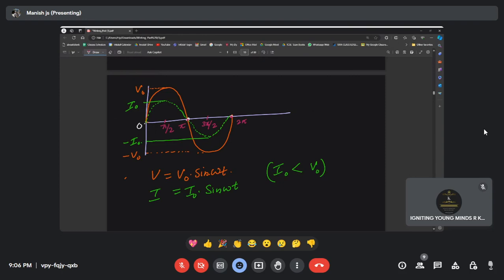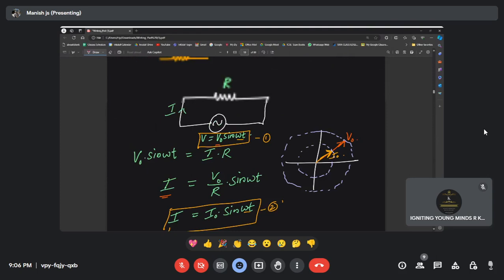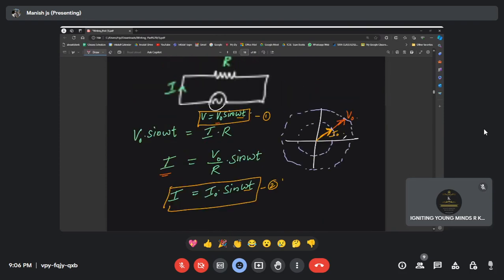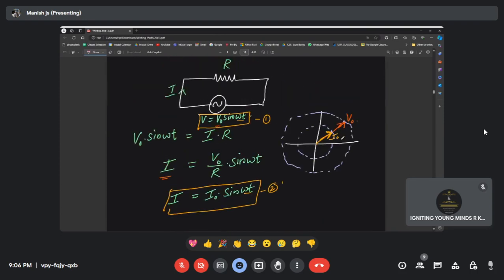Output waveform of when AC voltage is applied for a resistor. This is how the output waveform of current and voltage would look like. So now we have had a detailed analogy of current and voltage for AC resistive circuit.